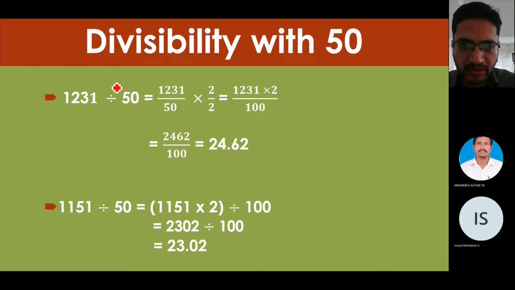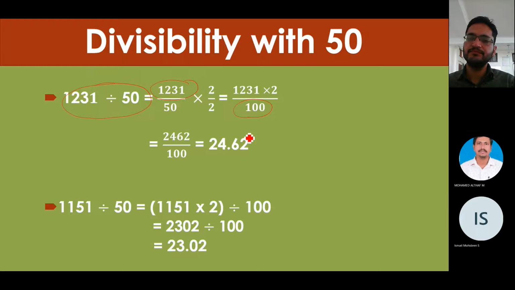Whenever we want to divide any number with 50, we will multiply the number with 2 and divide with 100. So it is 1231 into 2, that is 2462. And in the second step, we will divide this number with 100. So the answer is 24.62.